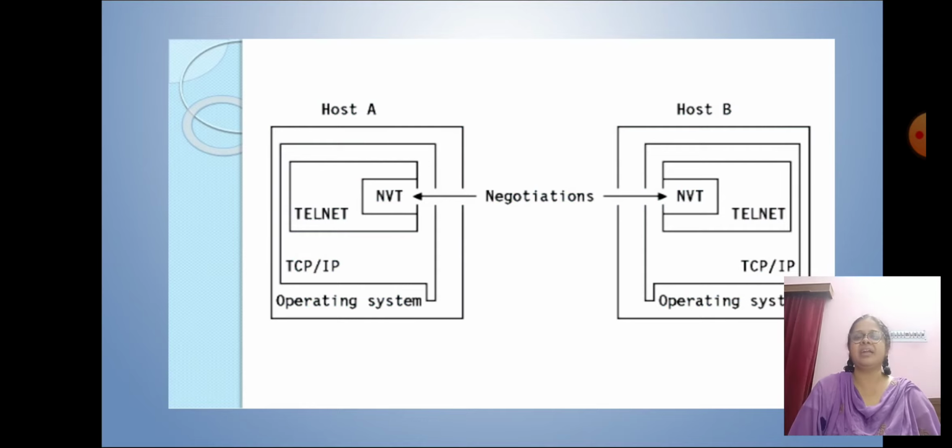This is the diagram of the NVT, Network Virtual Terminal, where host A and host B are communicating. That is represented as negotiations. This is host A and this is host B. Both of them are communicating with the help of the network virtual terminal, and the Telnet protocol is being used for both the machines.